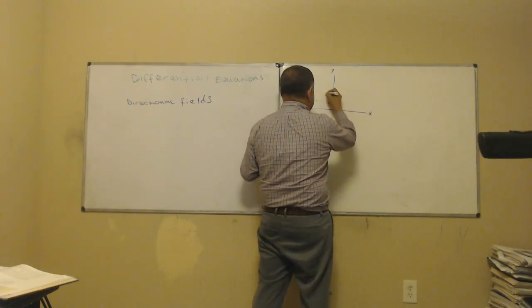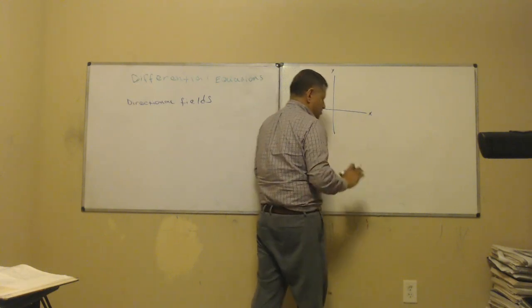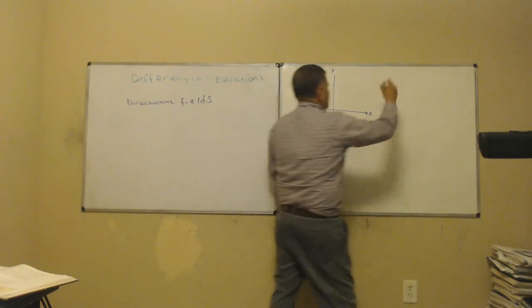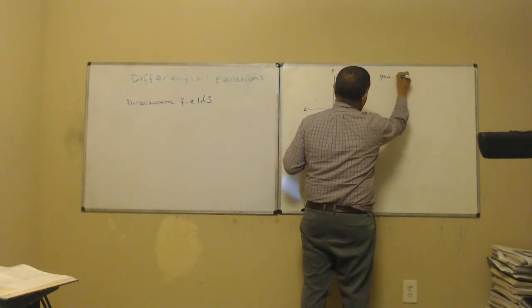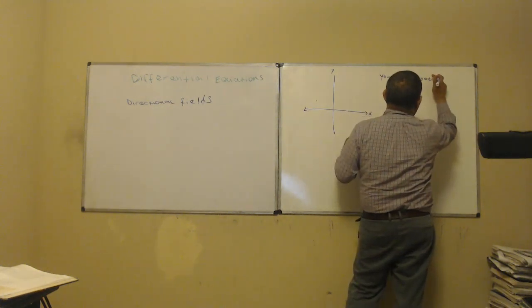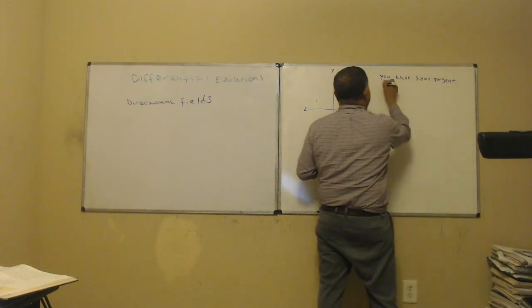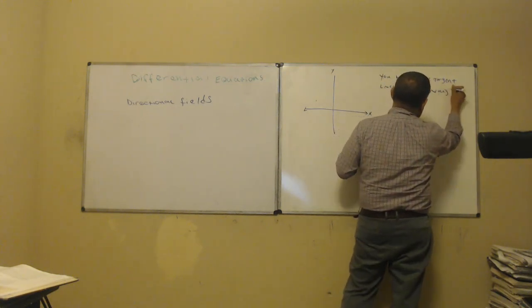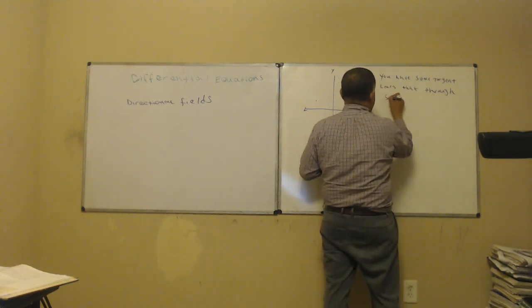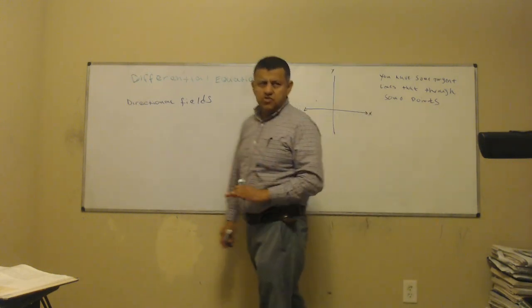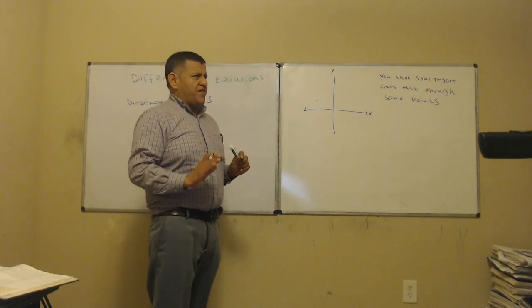Let's say you have some type of function that you don't know what it is, but you have some tangent lines that go through some points. So you don't know what the function is.